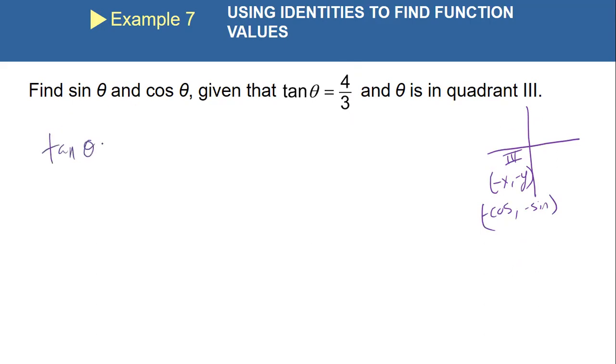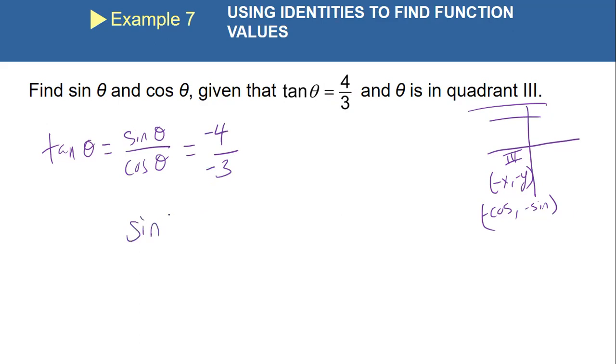And we know that tan theta equals sine theta divided by cosine theta. So in the case of this problem, what is my numerator? 4. What is my denominator? 3. But because they're in quadrant 3, what do I know they have to be? They both have to be negative.